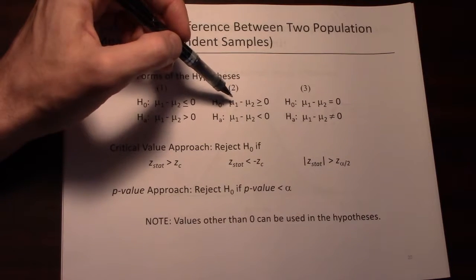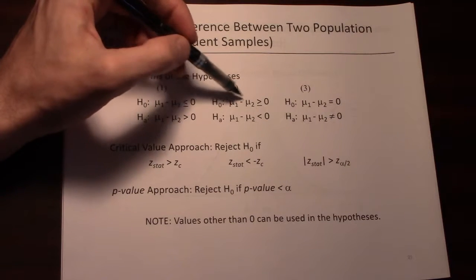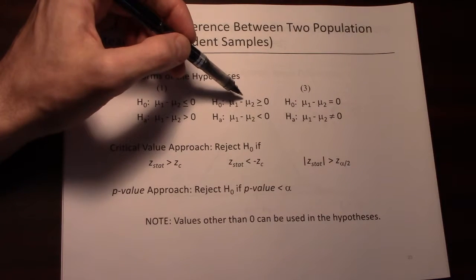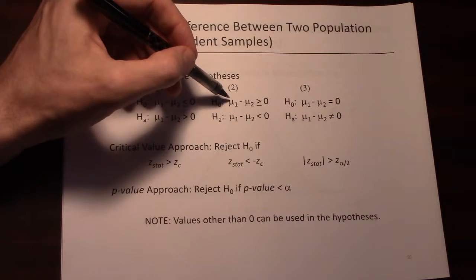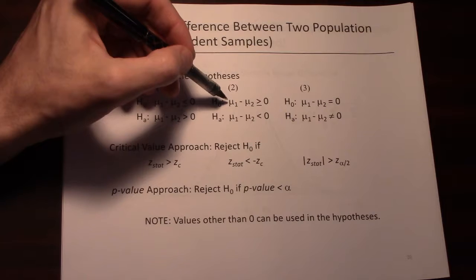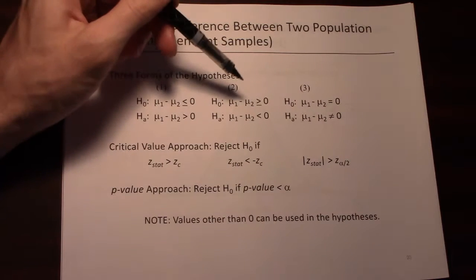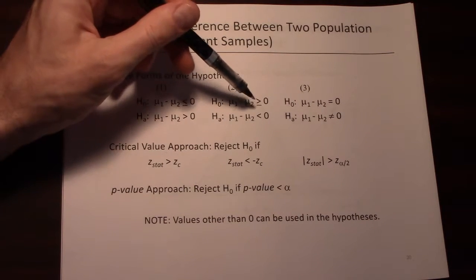So if this was 70 and this was 59, that would mean 11,000 would be the answer. Population 1 minus population 2 would equal 11,000, and that would be greater than 0. What we're saying is we think the population mean in town 1 is higher than the population mean in town 2. That's all we're saying by this 1 minus 2 is greater than 0.